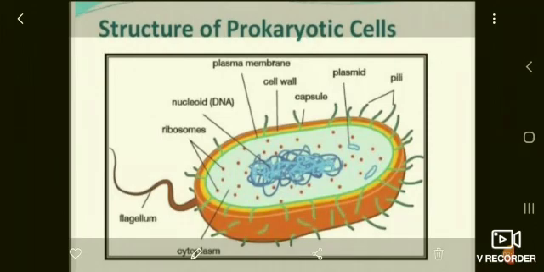It is a disaccharide of N-acetyl D-glucosamine and N-acetyl muramic acid, which is interlinked by alpha-1,4 glycosidic bond. In this diagram you also see the cytoplasm, which is very dense, showing no cyclosis.